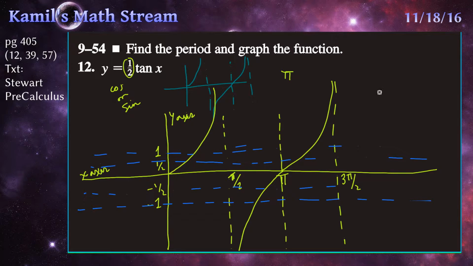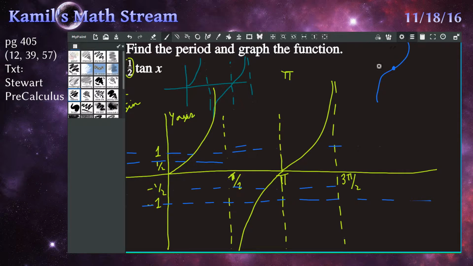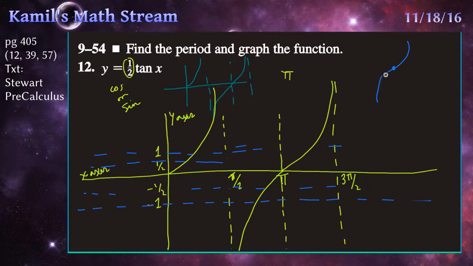You see, when the tan graph goes like that, you got something like that, and you need something like this, right? Somewhere along the line, it's going to start curving, going towards that asymptote, right?